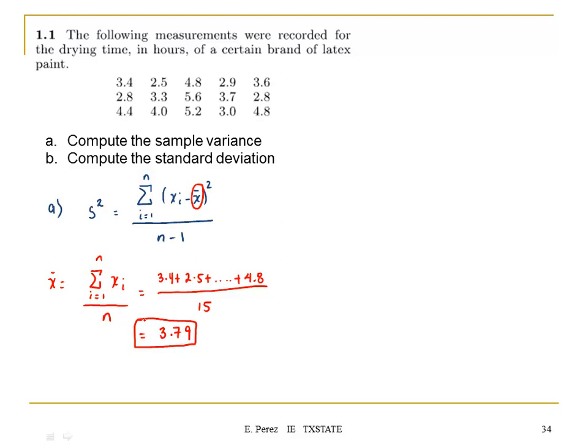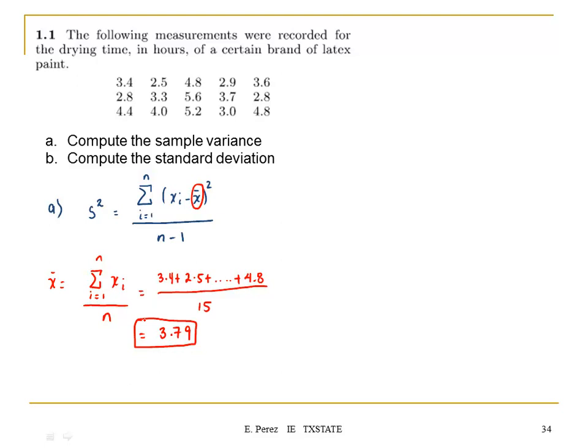And again, the more I teach this class, the more I see that students have difficulties computing the sample variance. Based on my experience, there's a lot of trouble trying to understand what this expression means.